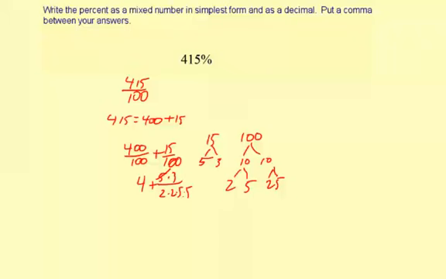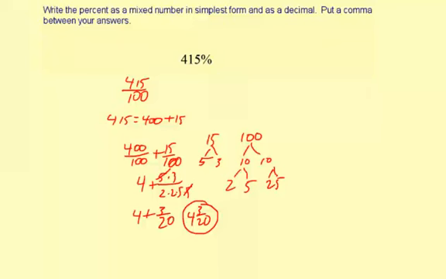So we can reduce by 5, and we're going to get 4 plus 3 over 2 times 2 times 5, which is 4 times 5, which is 20, so 3/20ths. And 4 plus 3/20ths is simply 4 and 3/20ths. So this is going to be our mixed number.